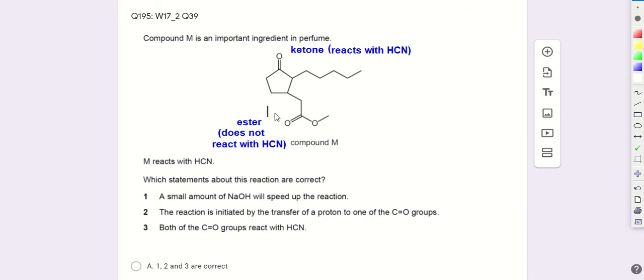Now, which statements about this reaction are correct? Number 1. A small amount of sodium hydroxide will speed up the reaction.